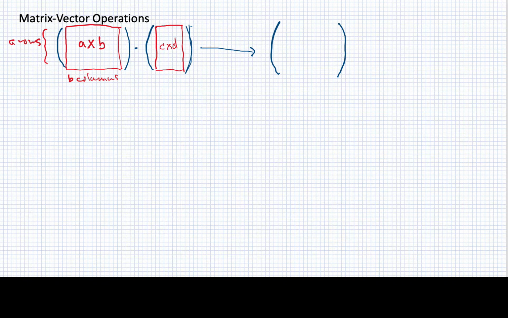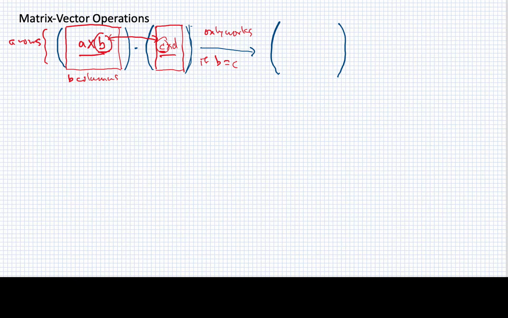So this will be a C times D matrix. Now, can I have any values here and here that I want? As it turns out, I cannot. We can only multiply these if B and C are the same number. So in other words, these two have to be equal.